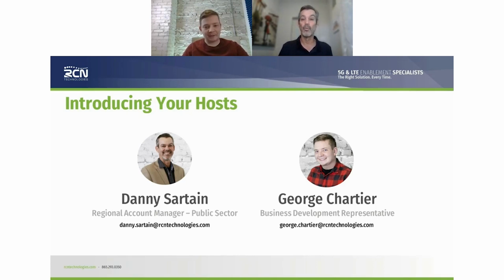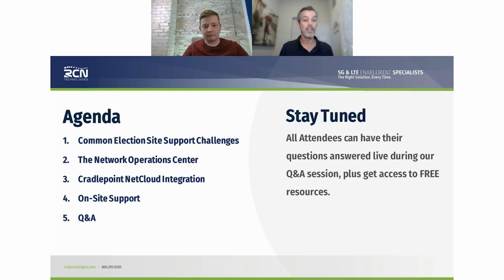So we're going to go ahead and get started. The first thing we're going to look at is our agenda. Today's agenda is really on how RCN and our NOC solution can help support your election sites and your election day needs. Number one on the agenda is talking about the common election site support challenges that you're currently experiencing.